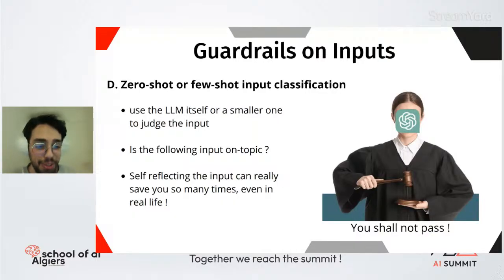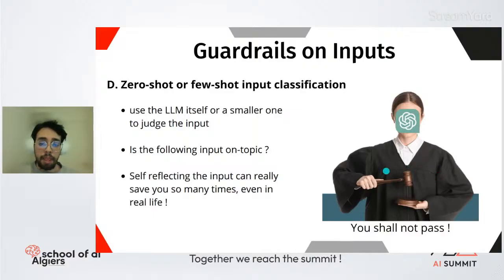And yes, we are using an LLM for classification, which is not very efficient, as we talked about earlier, but this is really necessary. If you can replace it, it's nice. You can ask the LLM whether the following input is on topic or off topic, or maybe a political concern.